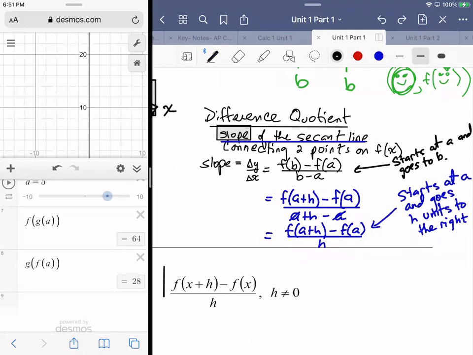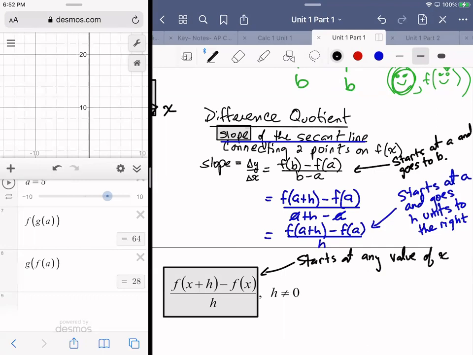So this one starts at any value of x and goes h units to the right. The plus h would be to the right. However, it is possible for h itself to be negative, but we always assume that it's going to the right symbolically. All right. So that's the theory behind it.